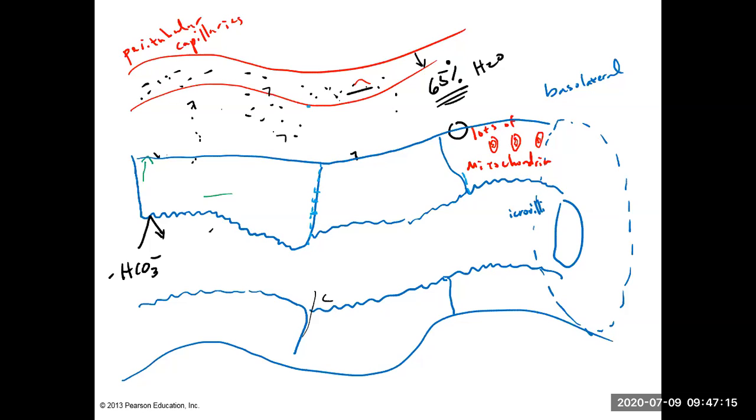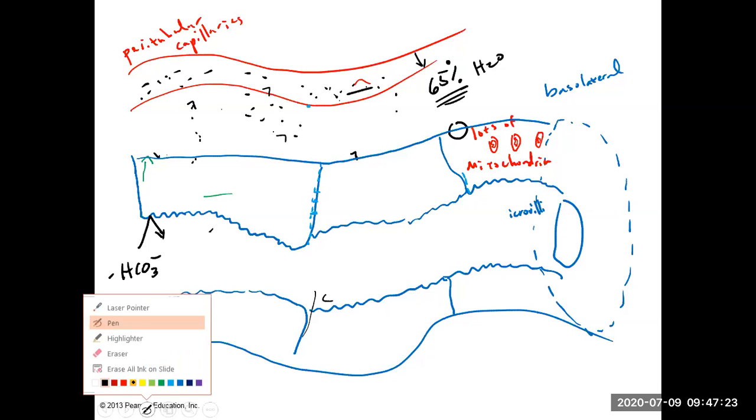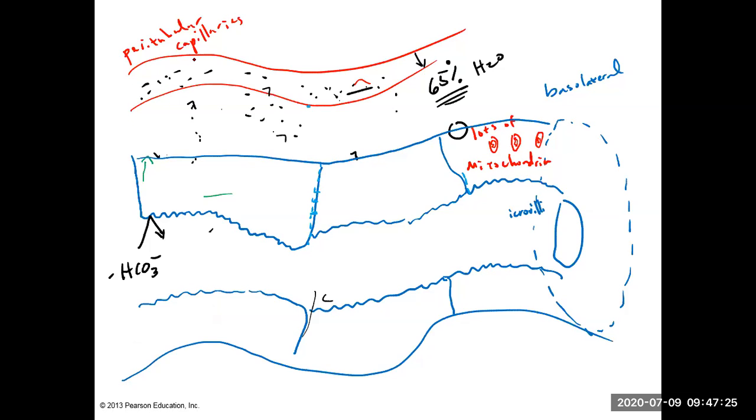All right. So earlier I told you that you're trying to get rid of the hydrogen ions in the blood. Why? Because you wanted to balance things as well.